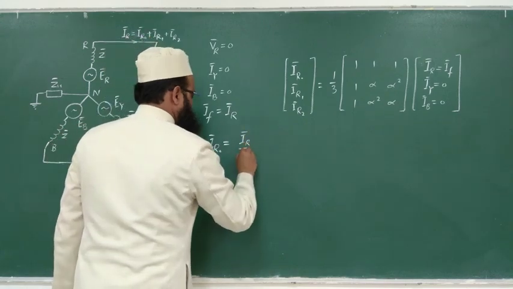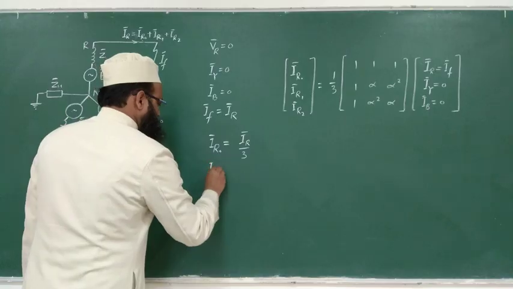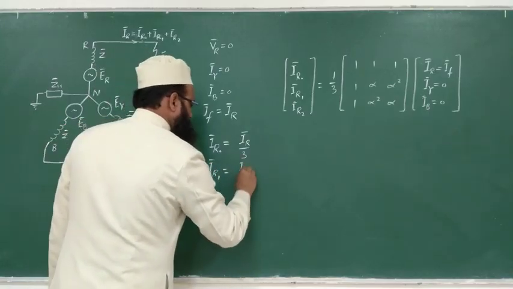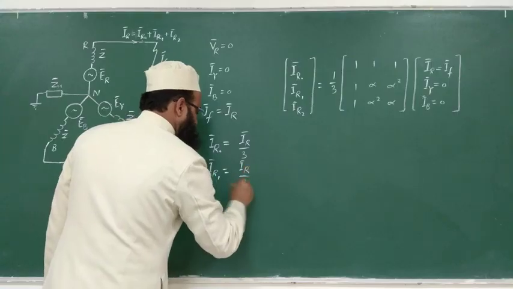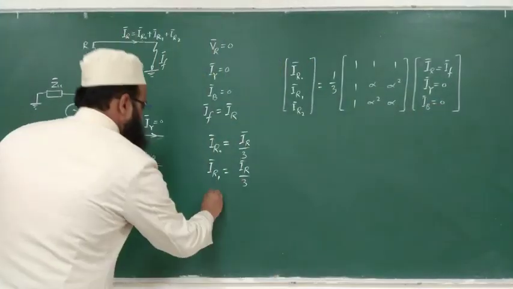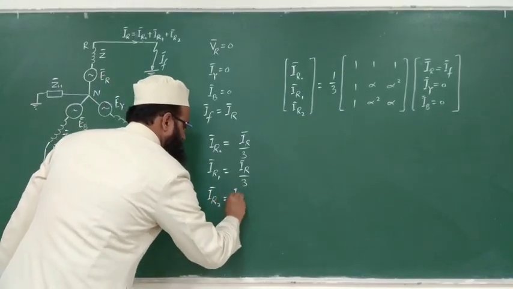Okay, write first IR upon 3. Similarly, IR1 will also be equal to IR upon 3, as these two phases are 0. IR2 will also be equal to the same, IR upon 3.